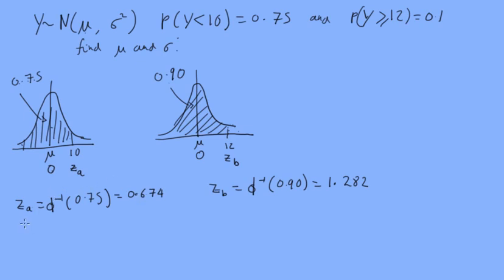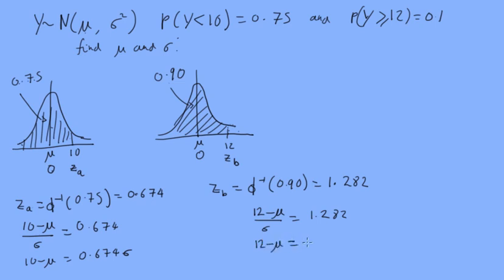So now we can tell that 10 minus mu over sigma must equal 0.674, which gives us 10 minus mu is equal to 0.674 sigma. And similarly, 12 minus mu over sigma is going to give us 1.282. So 12 minus mu equals 1.282 sigma.